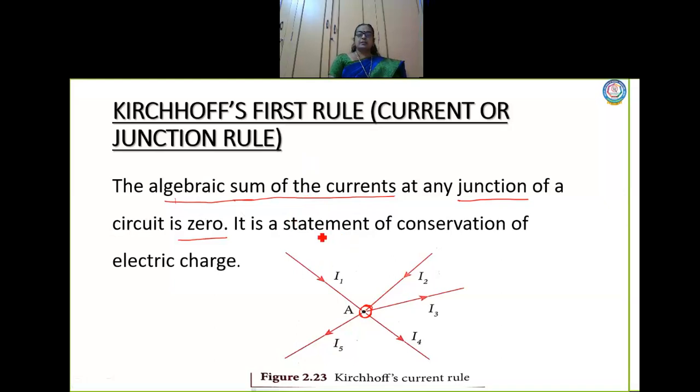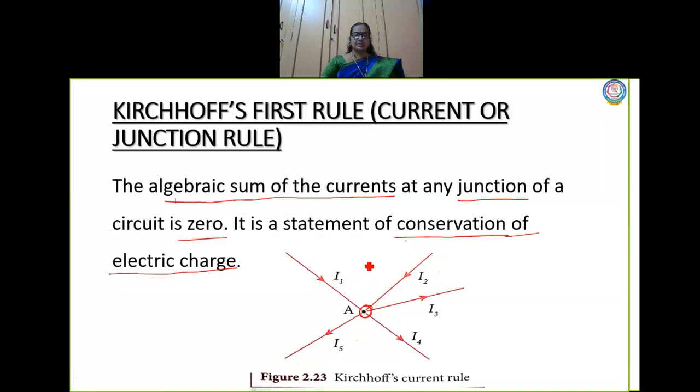Whenever we talk about Kirchhoff's current law, it is based on the law of conservation of electric charges, where the charges are conserved. Here they talk about the algebraic sum of the current. So let us write the total amount of current here.